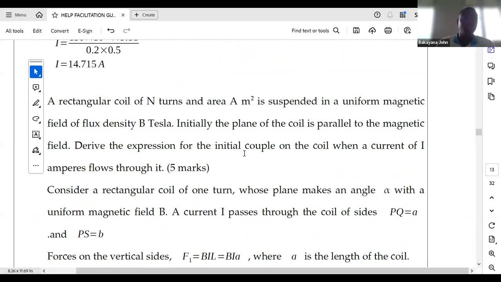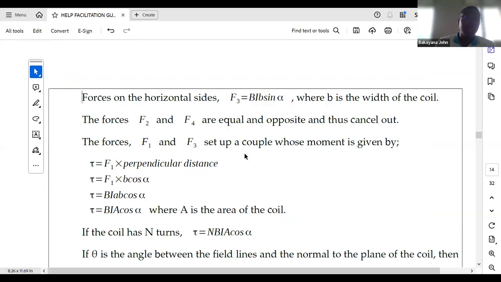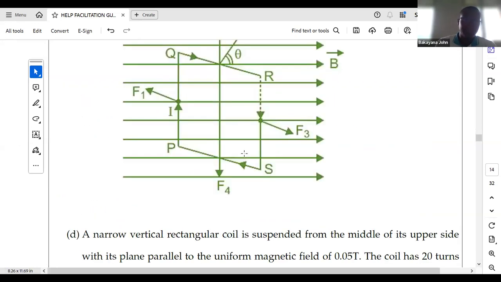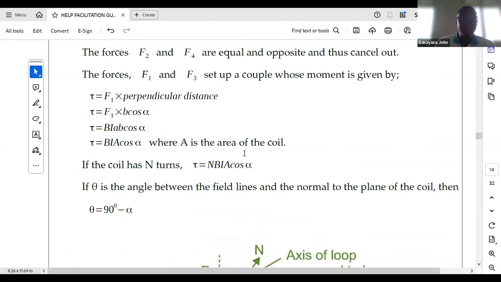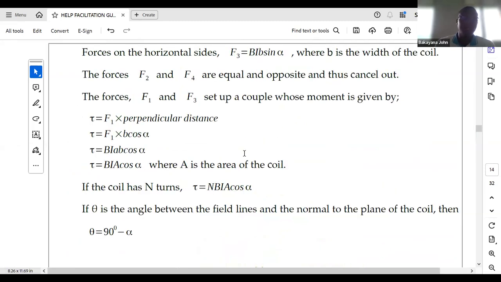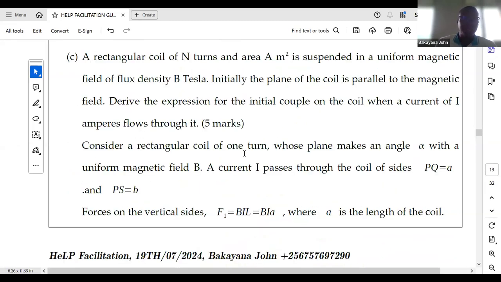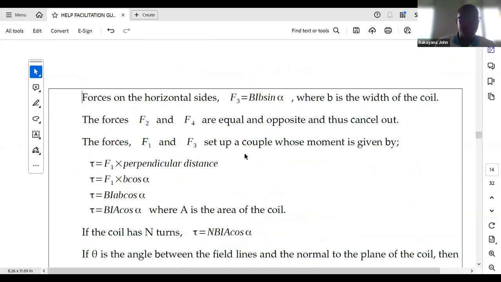Okay, if there is no question, now another question comes in for deriving the torque exerted on a rectangular coil carrying current. That is a torque.